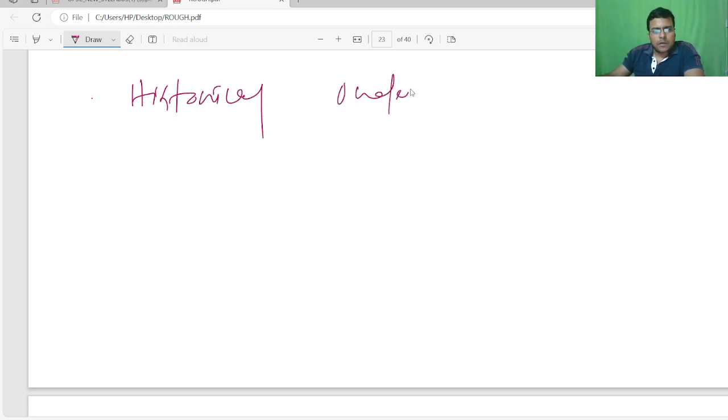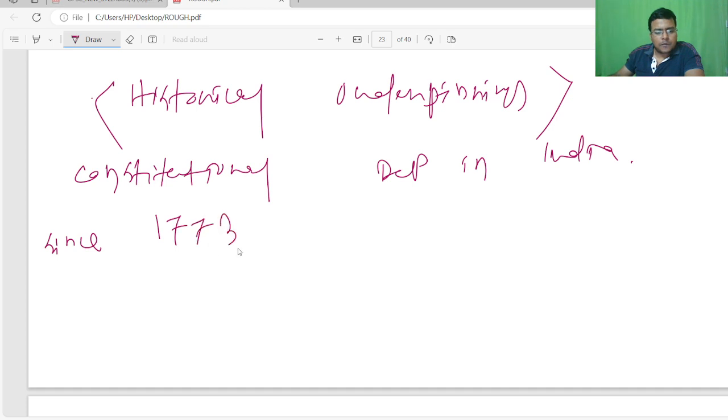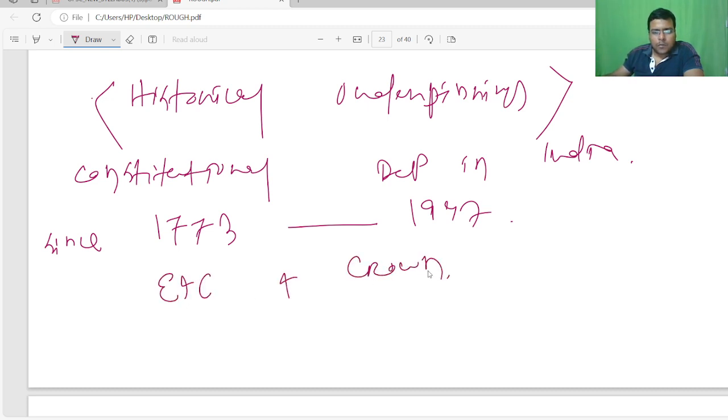Historical underpinnings, that is, constitutional development in India since 1773 to 1947, under the East India Company and the Crown.